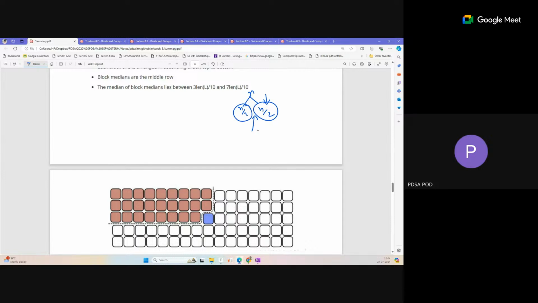Suppose we are looking for the third smallest element and we get the pivot element at the third position, we can return that answer. In the other case, we can discard half of the part and decide which part we need to check again. So we discard this and check this side if we are looking for the larger value.